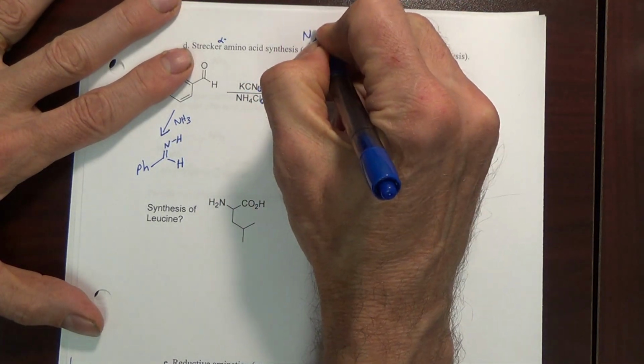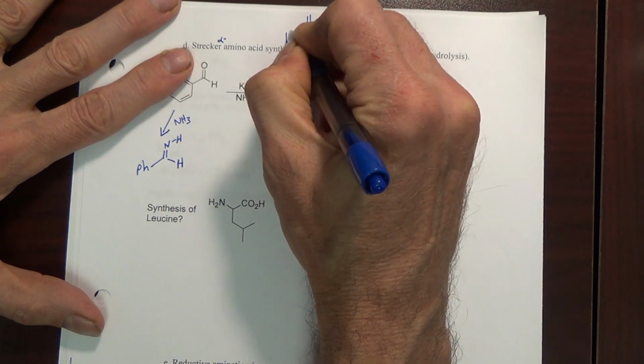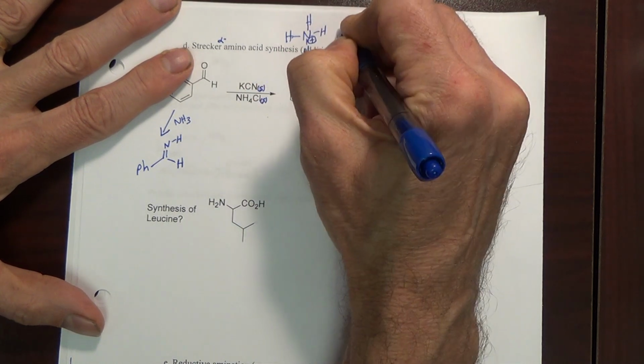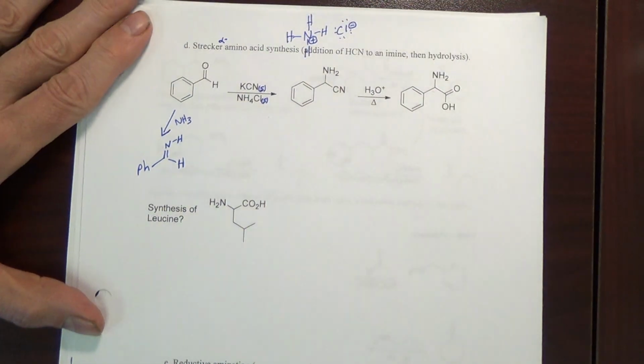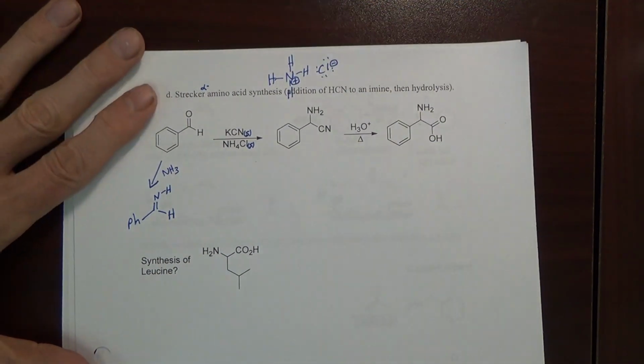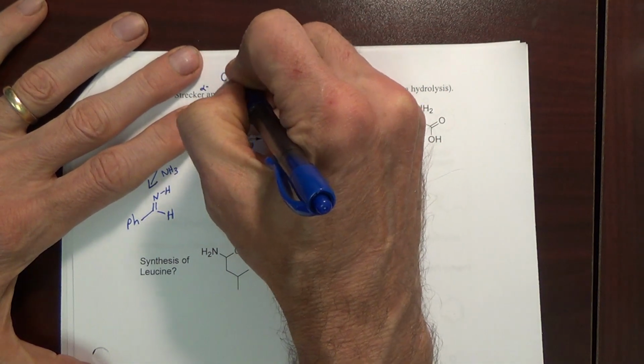Because we have ammonium chloride and we have potassium or sodium cyanide.